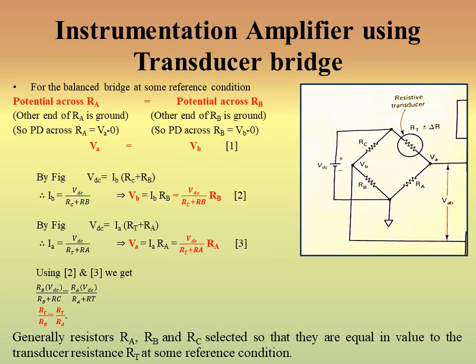Initially, when this bridge is in balanced position, current will not flow. But if any arm becomes unbalanced, the bridge becomes unbalanced, and current starts flowing through the circuit. It then goes into the instrumentation operational amplifier that is connected in the intermediate stage.